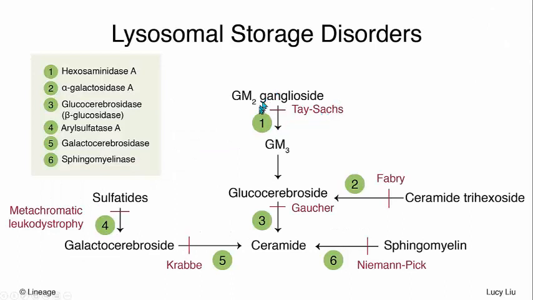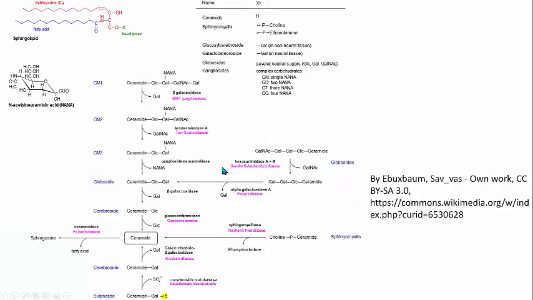This is a diagram to show you the relationship between Tay-Sachs, Gaucher's, Fabry's, Niemann-Pick, Krabbe's, and metachromatic leukodystrophies. Any defect in any of these glucocerebroside metabolisms will lead to the lysosomal storage disorders noted here.